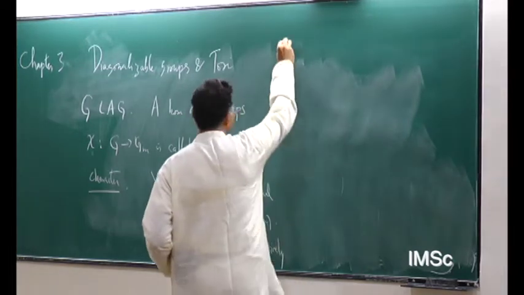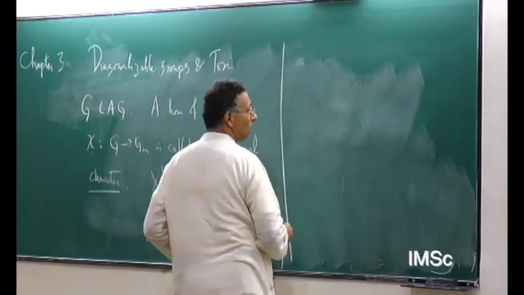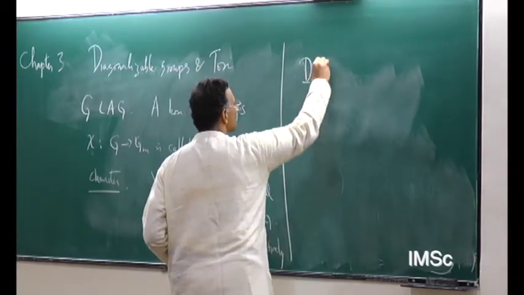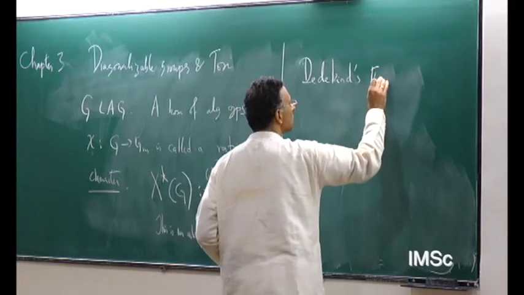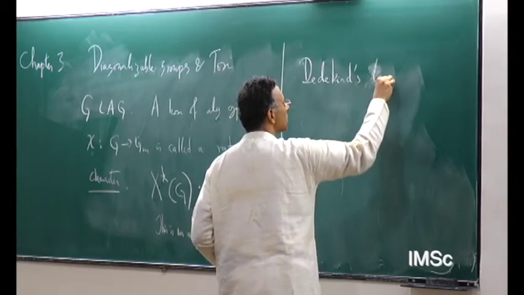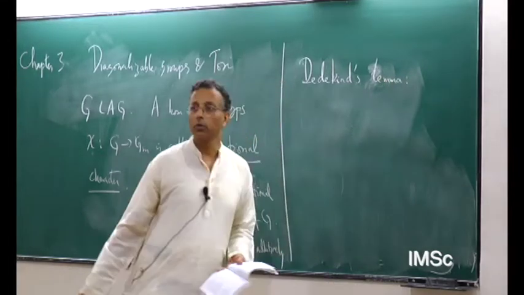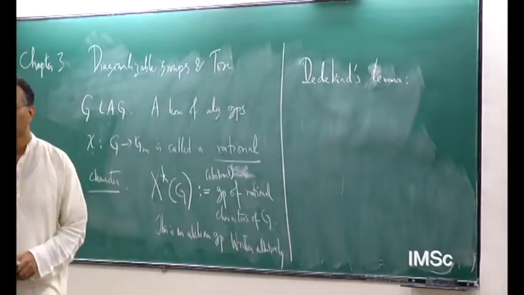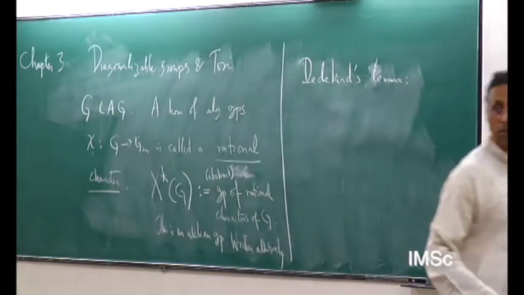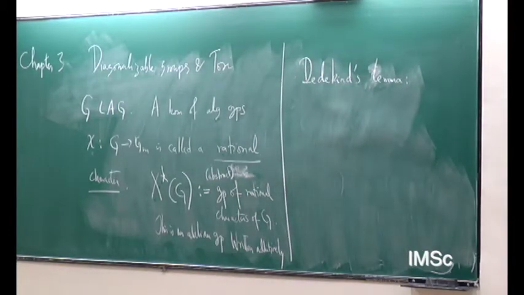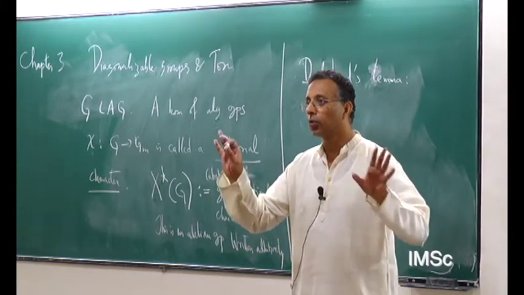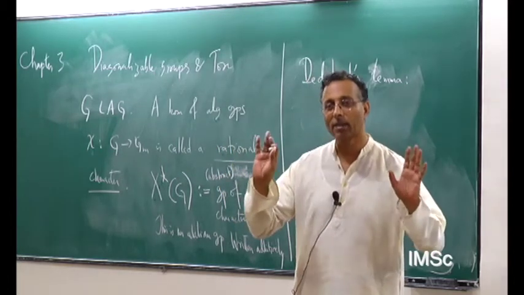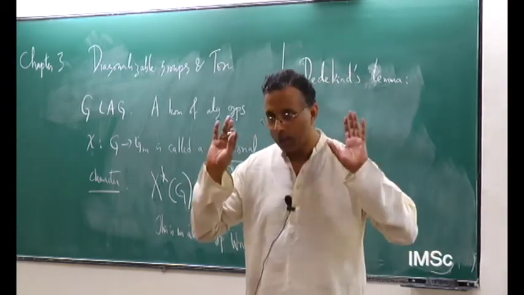Okay, here is something called Dedekind's lemma. Have you seen this before? No? Okay, never mind. It's a very beautiful statement. It has nothing to do with algebraic groups, in the sense that it's a statement about abstract groups.